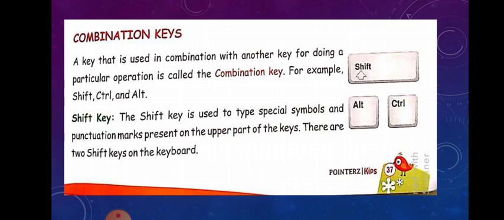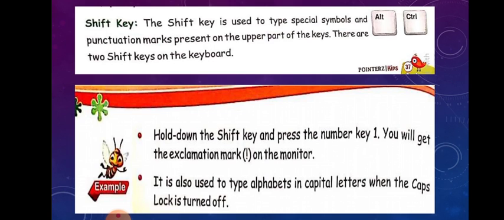So, Shift key. The Shift key is used to type the special symbols and punctuation marks present on the upper part. There are two Shift keys present on the left and right side of the keyboard.